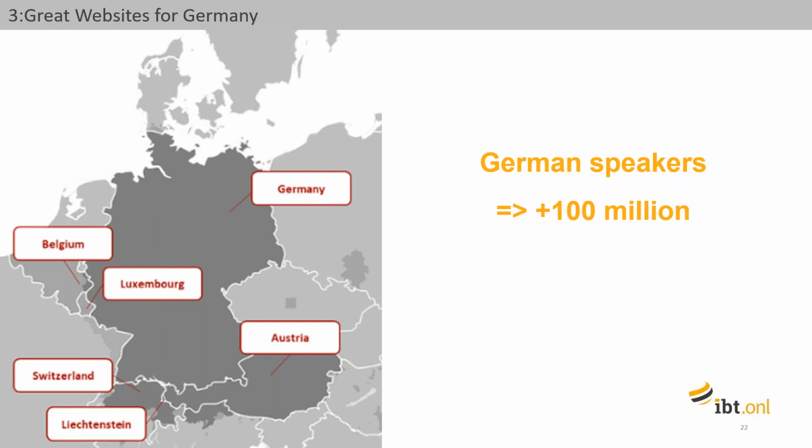This is because there are a lot of neighboring countries with porous borders where German is a much spoken language, and Google also recognizes this. So your website in Germany obviously touches Austria and German-speaking Switzerland and Liechtenstein and Luxembourg, and there's even a little pocket of Belgium that speaks German.